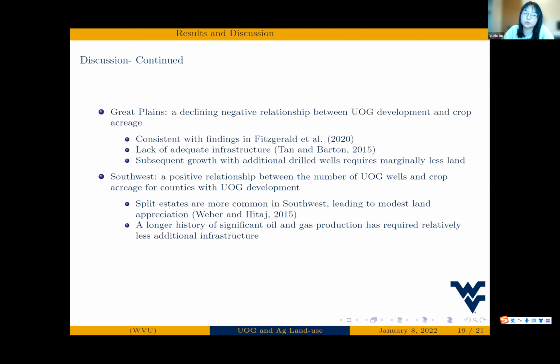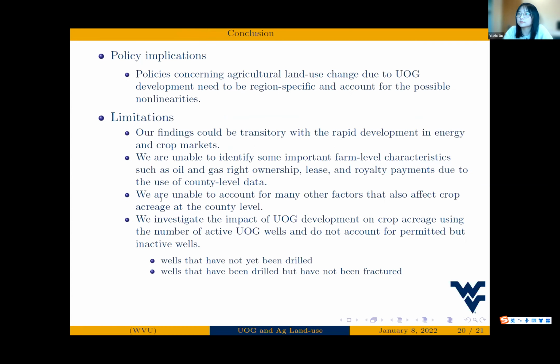Also, previous literature documented modest land appreciation in this region relative to Appalachia. So the limited capital gains may have encouraged farmers to expand crop acreage in Southwest instead of early retirement. Second, the Southwestern region has a longer history of oil and gas production than other regions. Recent UOG production growth in this region has required relatively less additional infrastructure, as it had already been in place and used.